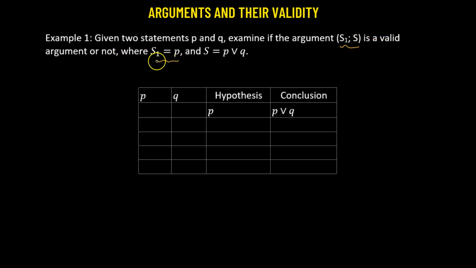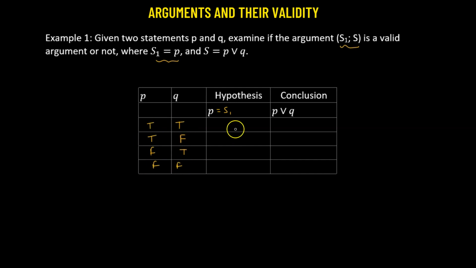The hypothesis S1 is P, and the conclusion is given by the disjunction P or Q. First we have to state the truth values of P and Q. Let's consider the possibilities: both are true, one of them is true, and both of them are false.